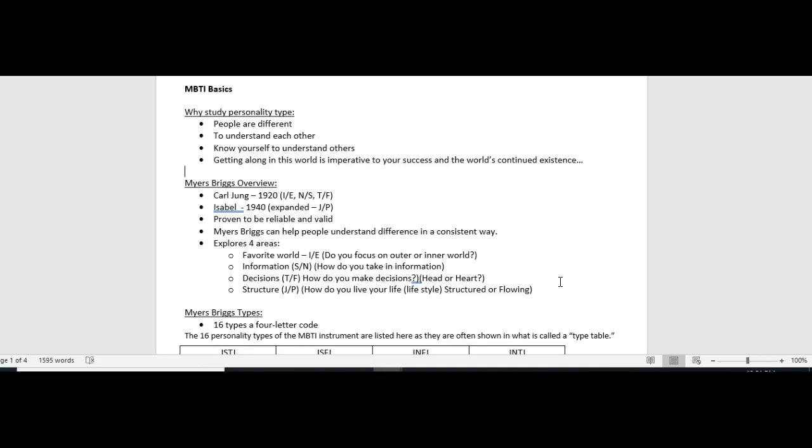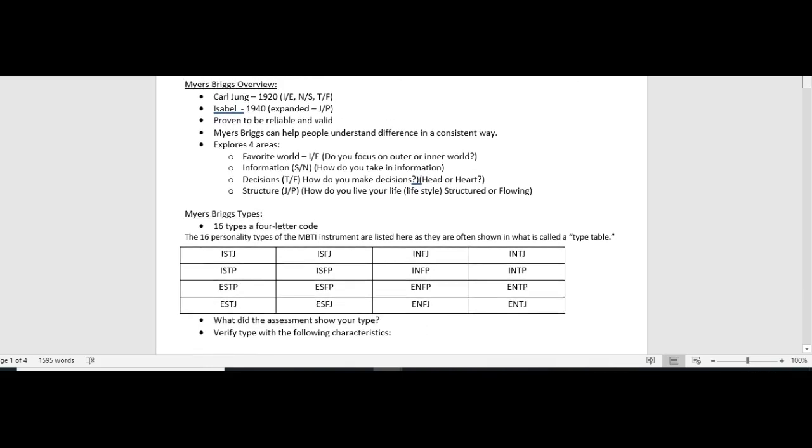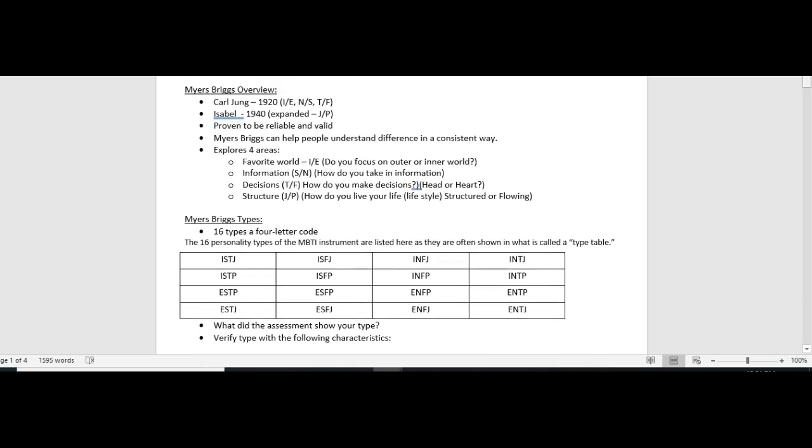So let's start off. Myers-Briggs, what is it and why? Myers-Briggs is a concept, a developed theory, if you will, by Isabel Briggs. And she was attempting to explain Carl Jung's interpretation of personality types.